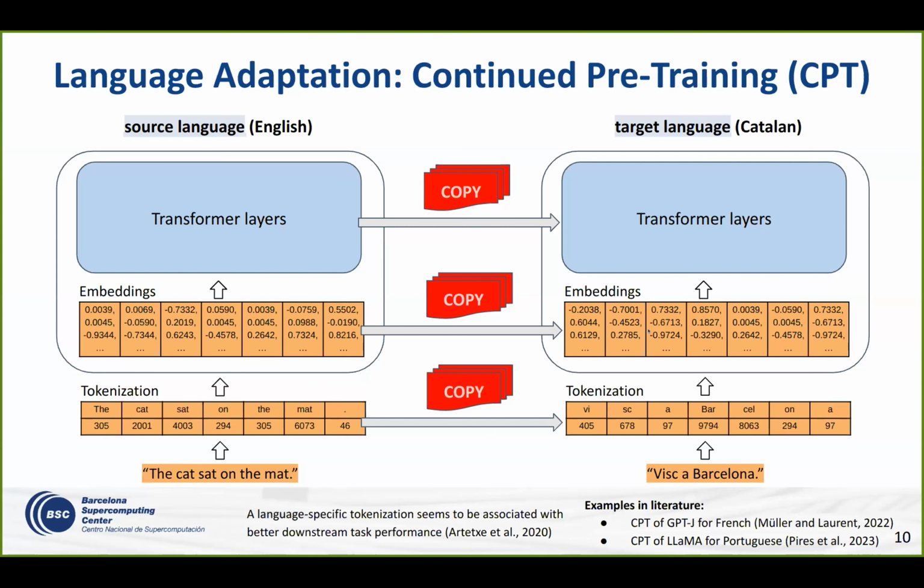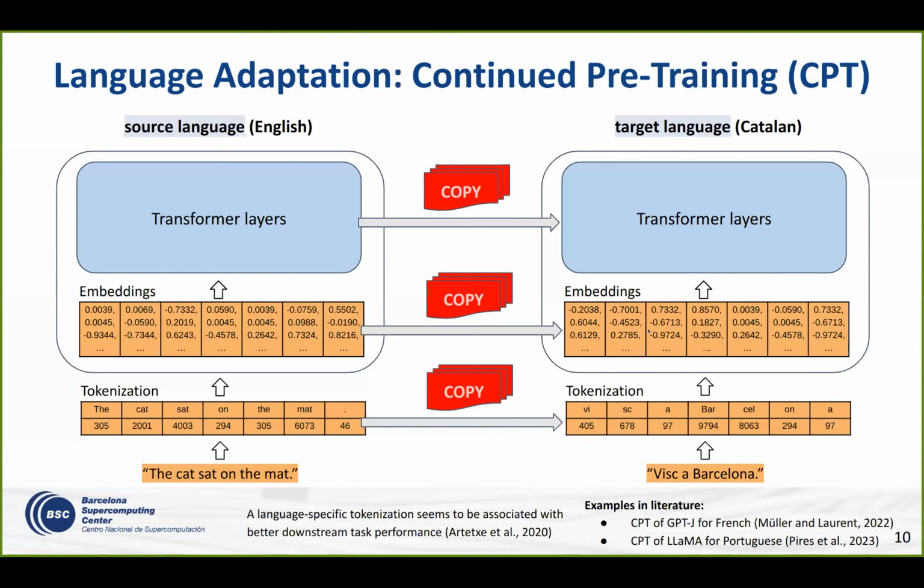In the literature, there are a few examples of this technique. For instance, GPT-J, an English model, has been adapted to French like this, and Llama has been adapted to Portuguese like this. In this method, we are reusing a vocabulary and a tokenizer prepared for another language, and it may not be entirely suited for our target language.